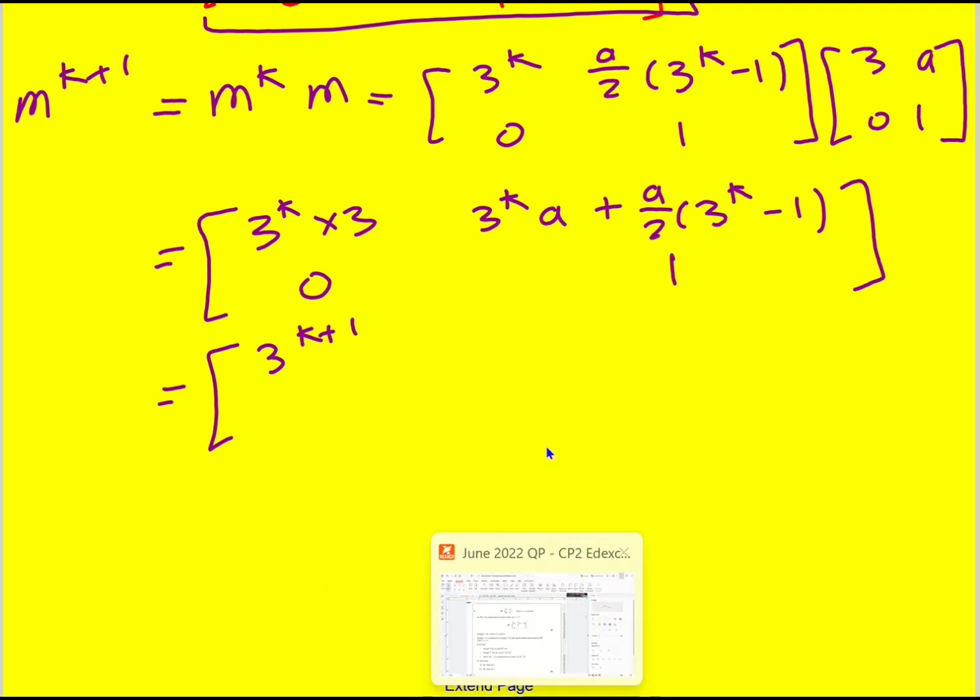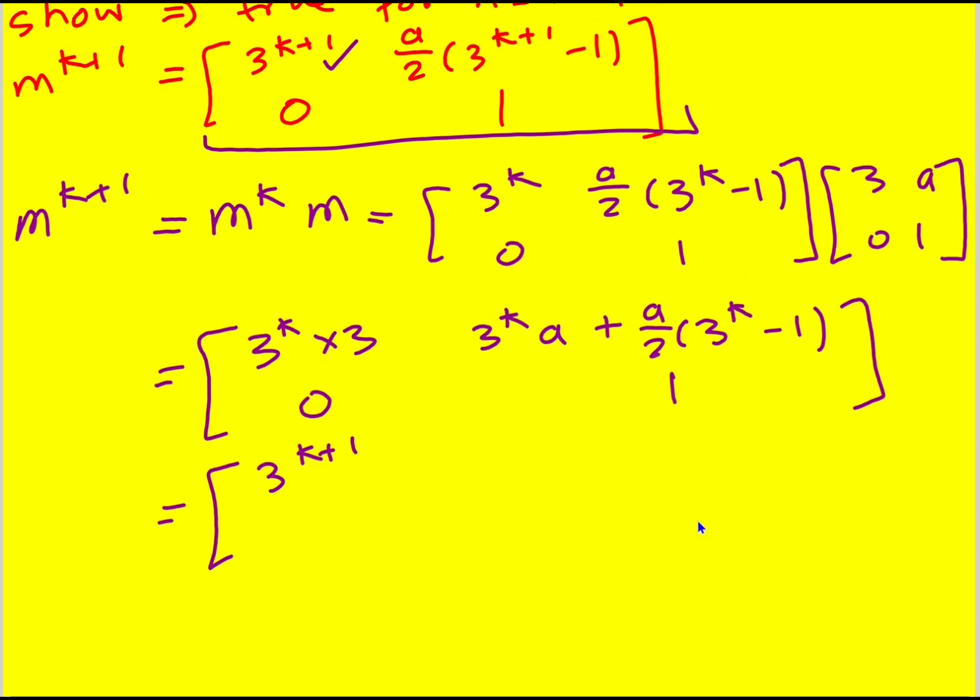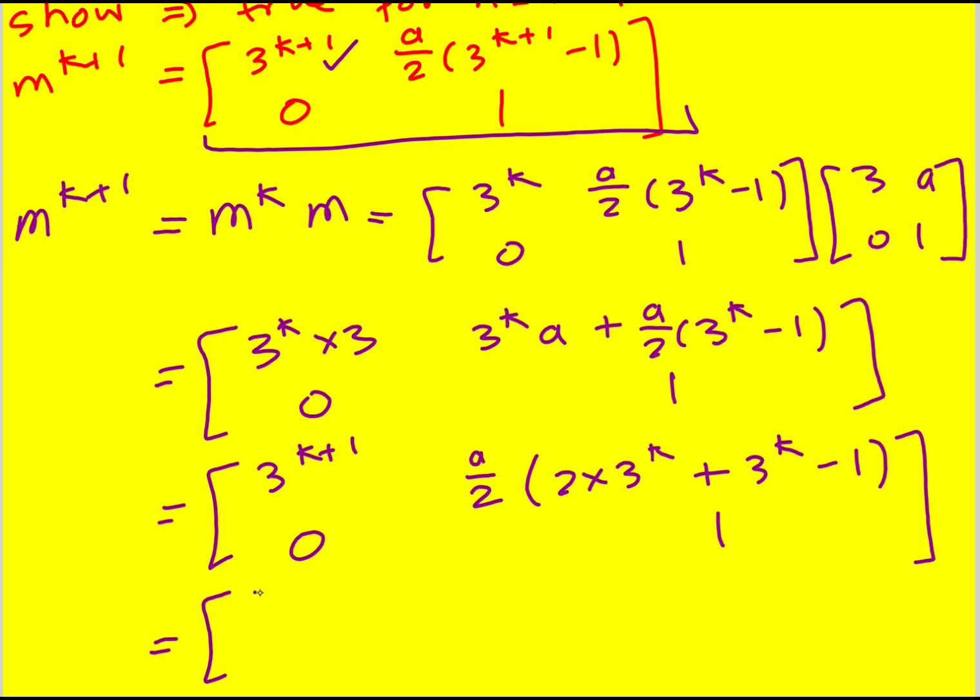Okay, see, this is why it's good to see where you're headed. I really want to factorize out an a over 2 here. So it'll be a over 2, and then I'll get 2 times 3 to the k plus 3 to the k minus 1. And then I've got to show enough steps here.